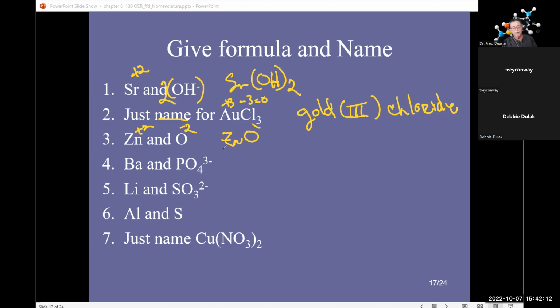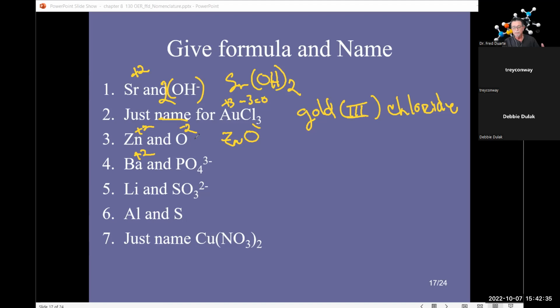Okay. Here we have a phosphate, and then we've got the barium here with a +2. Barium is a group 2 metal. It will have a +2 charge. All right, and so we've got to combine these two dissimilar charges.